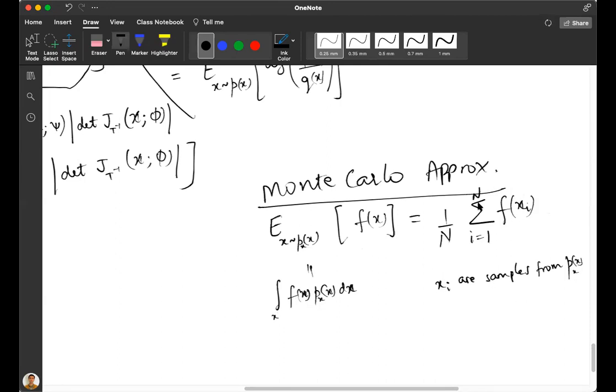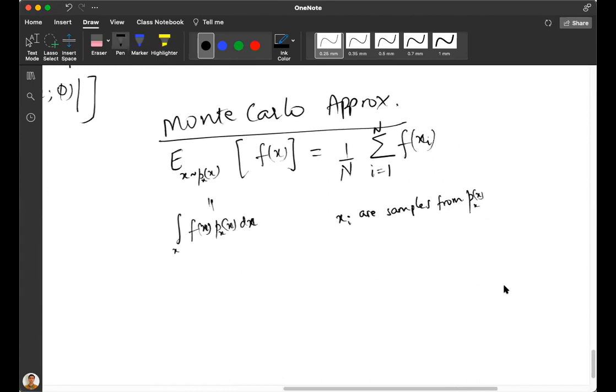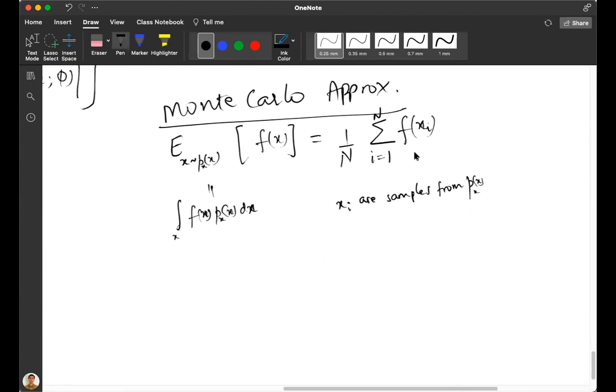And you'll be happy to know: how many samples do we need in general to estimate this? If my x is multidimensional, very large in dimensions, let's say 100, 500, 1000 dimensions, a million dimensions, does the number of samples required to estimate this term also scale up? The answer is no, it does not scale up.